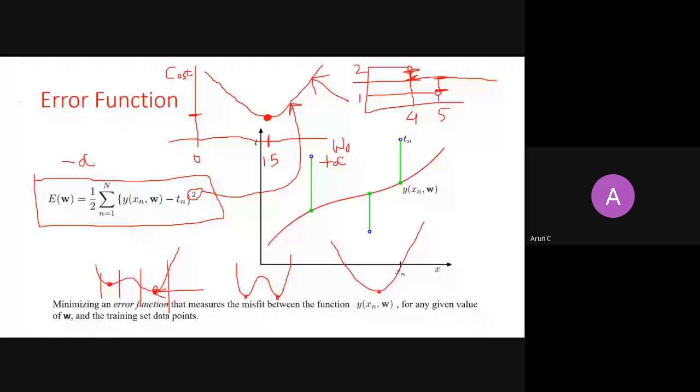But if it is not a convex function, let's say this function here, if you start from here, you get this nearest minimum, and if you start from here, you get this nearest minimum, and 2 students can get 2 different values of the parameters. But fortunately, what I am discussing here is a convex function with a unique minimum, right? Any questions so far?